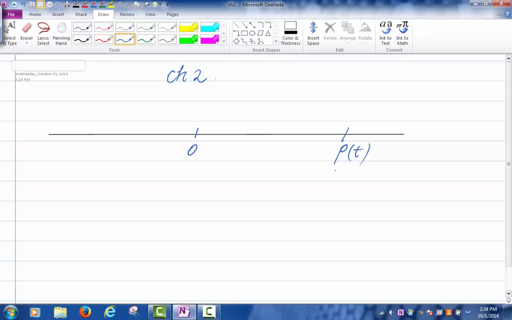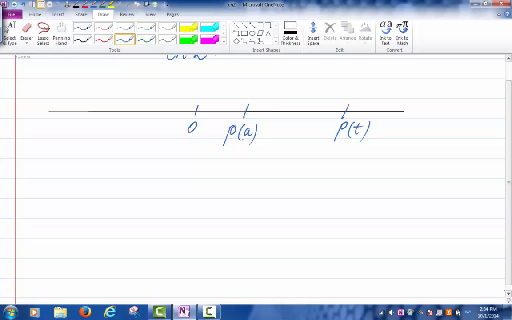So P of t gives you the position at time t. Let's pick a specific time A, and at that time, let's say this is the position of the bug. And so what's the average velocity of the bug over the interval from A to t?